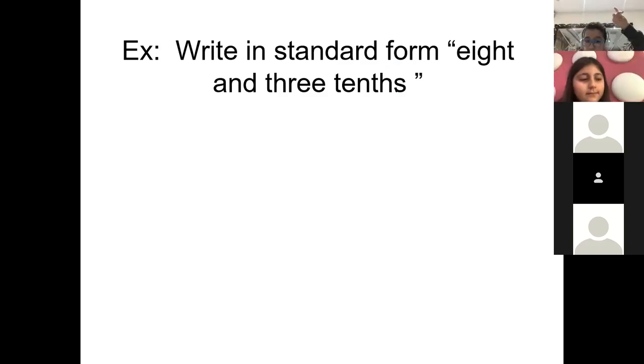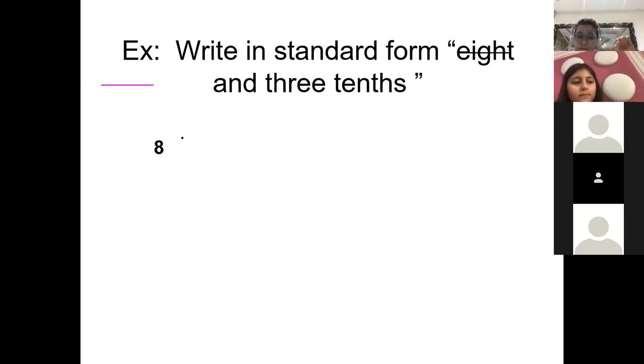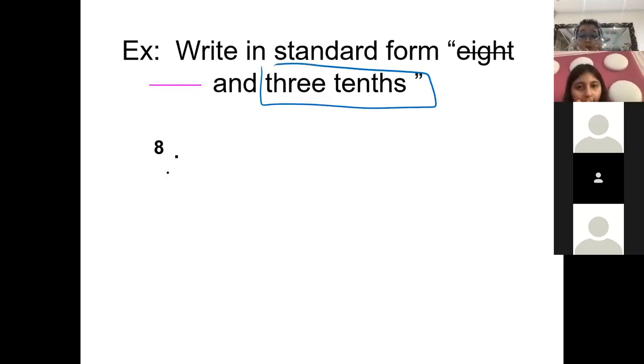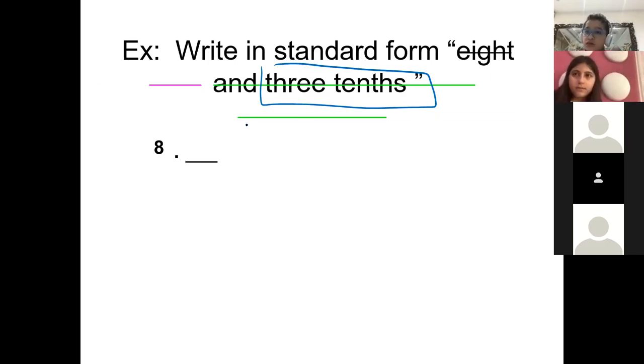Proud of you. 8.3. Excellent. So, 8 I write it in digits. And means point. 3 tenths. What does it mean 3 tenths? Do I want to write 10 in the decimal number? No. Tenth means we have 1 digit in the decimal part. It's 3. So 8.3. Okay?